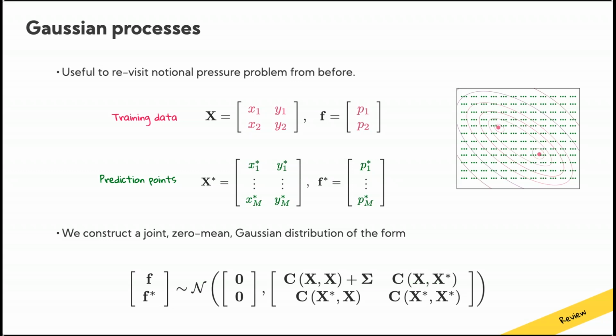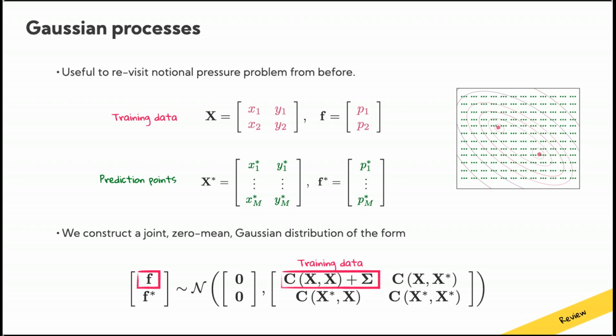So we have this distribution, right? So the zeros correspond to the zero mean, and everything on the right-hand side corresponds to the covariance matrix. More specifically, you can break this large covariance matrix into chunks. And so there's this block associated with the training data. So Cx comma x is effectively, well, let me hold on. I'm not going to tell you what Cx comma x is just yet, but all you need to understand is that it takes in the training data, right?